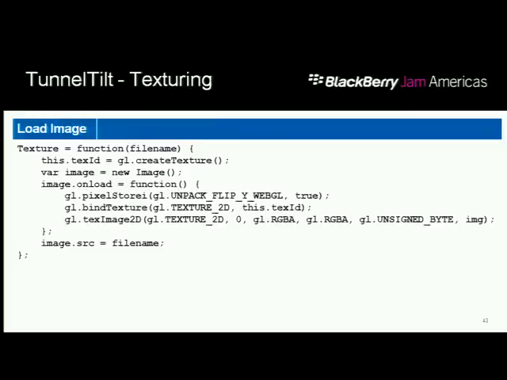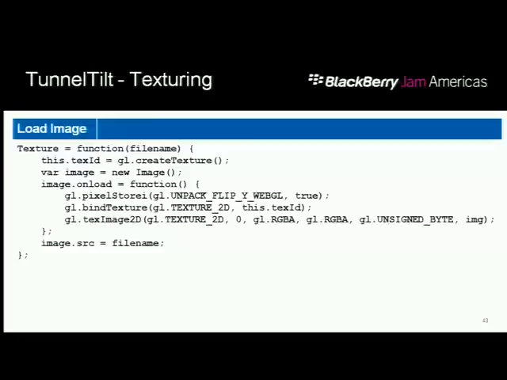Another thing that's really useful about WebGL is texture loading. For anyone that's used OpenGL before, you need to find your own libraries to load images. So it's somewhat complicated. Fortunately, when you're using WebGL, you can leverage existing objects. There's an image class, for example, well, it's not a class, but you can use this image type. Essentially, all you have to do is first create your texture ID on the GPU.